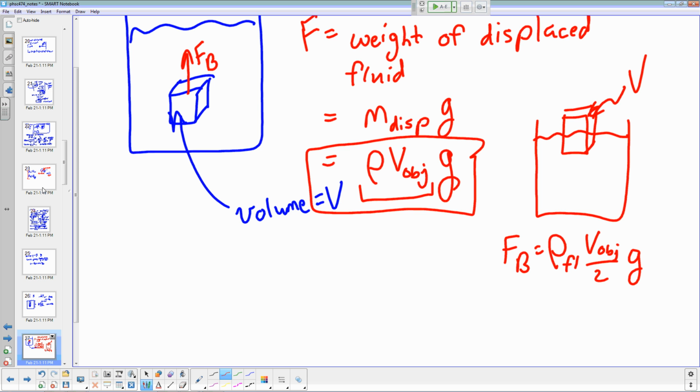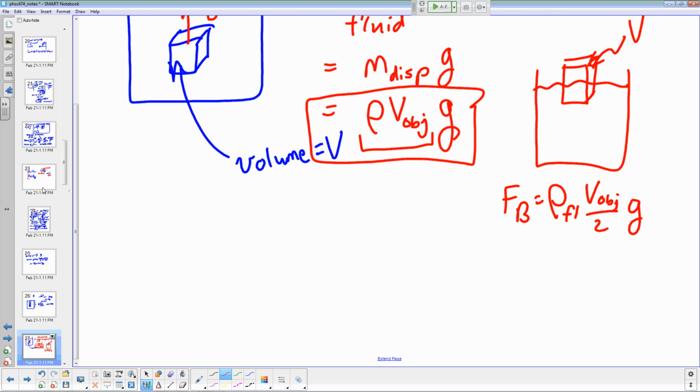Are y'all with me on this? All right, so that's buoyant force. This is also called Archimedes' principle.